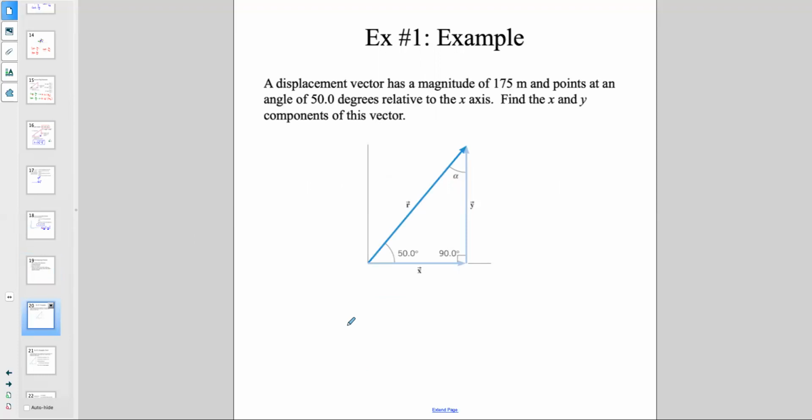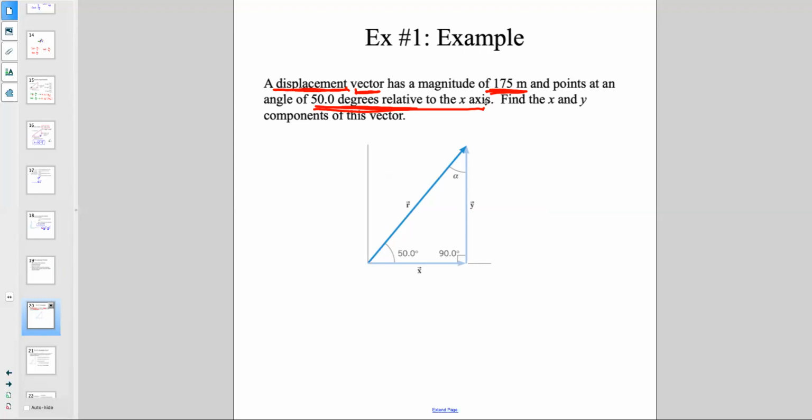So example number 1. A displacement vector has a magnitude of 175 meters and points at an angle of 50 degrees relative to the x direction. See, displacement is a vector. I need a magnitude, which is 175, and a direction. Everything is given.